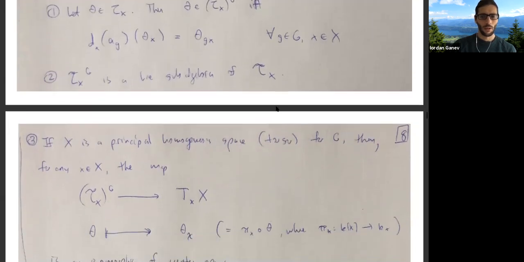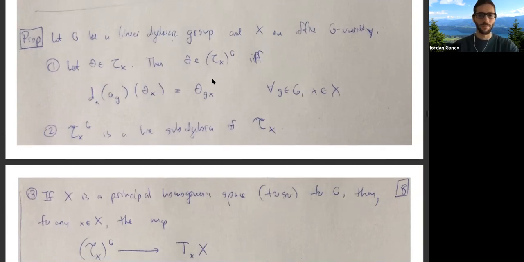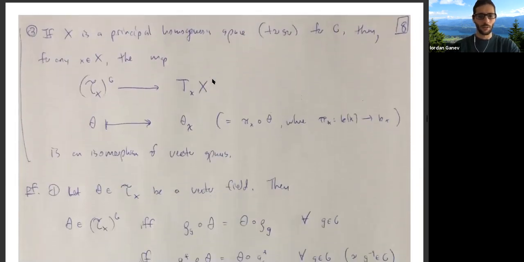So what's going on here? First, we have G acting on X, and we want to prove that this identity holds if and only if theta is G equivariant. Okay, so let's start with a vector field.